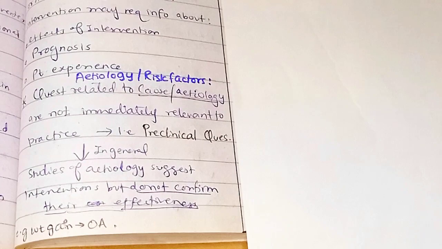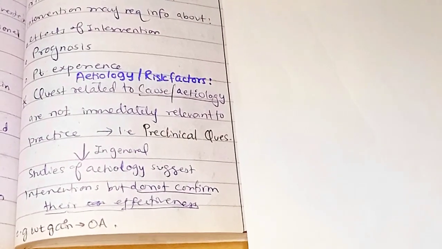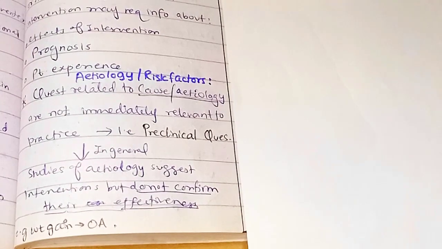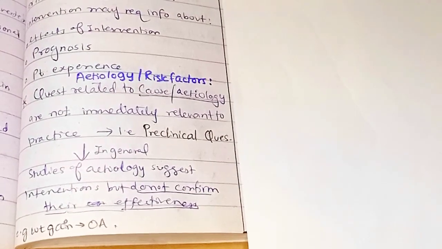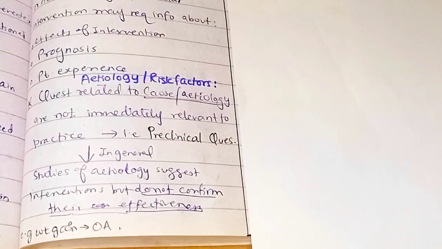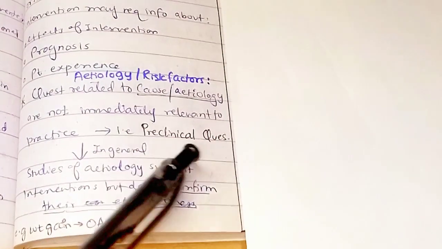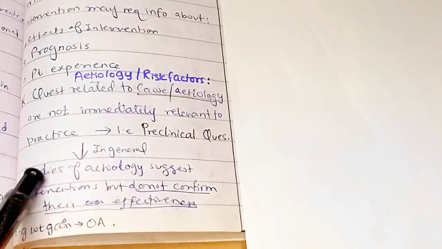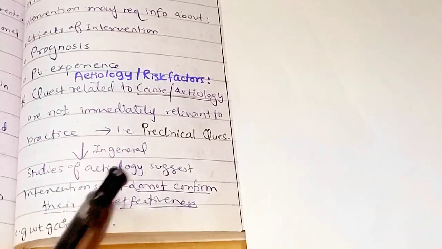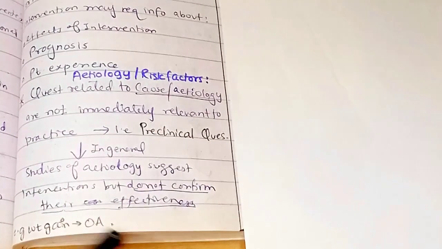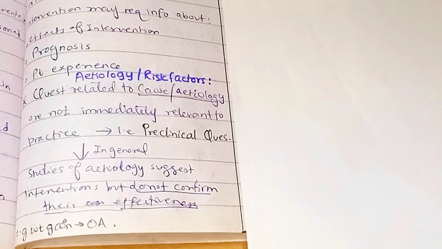Maybe if you modified some other cause that brought about the condition, that might be most effective for that patient. Hence, these questions are known as preclinical questions. In general, studies of etiology suggest the interventions but do not confirm their effectiveness, as I've given you the example in great detail. So I hope you have understood.